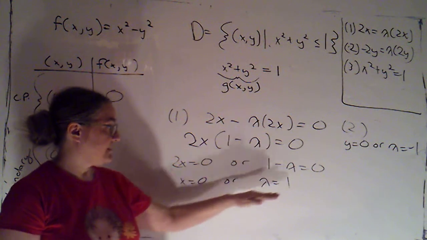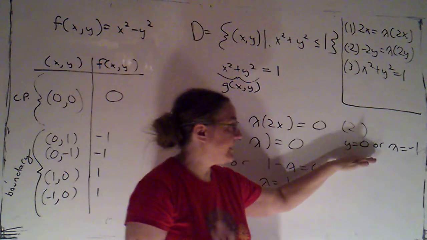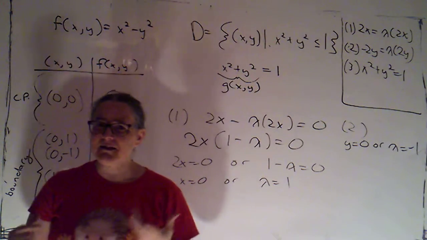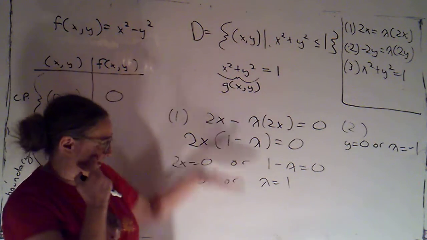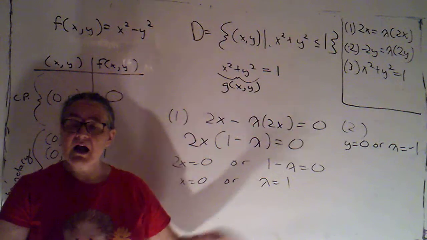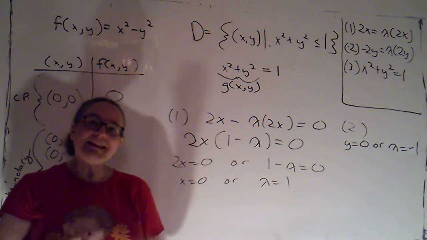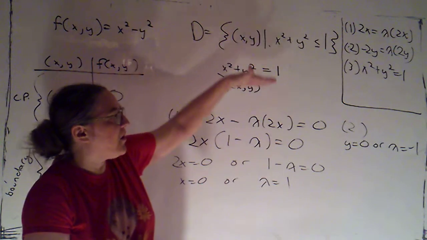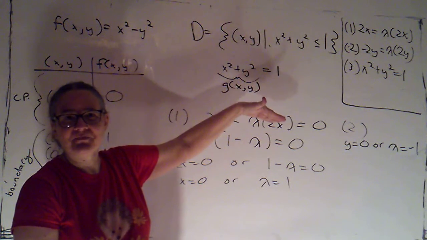X is 0, lambda is 1, y is 0, lambda is negative 1. I don't have to consider all 4 possibilities. I can consider just these 2, but I do need to, within each of those possibilities, work my way through all of these equations.